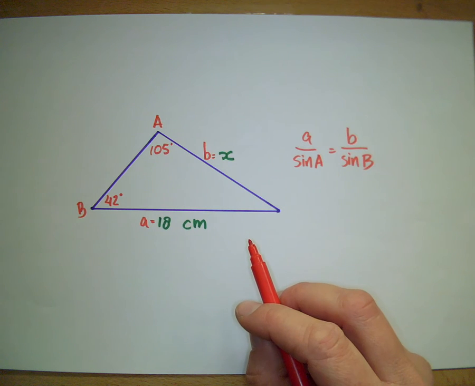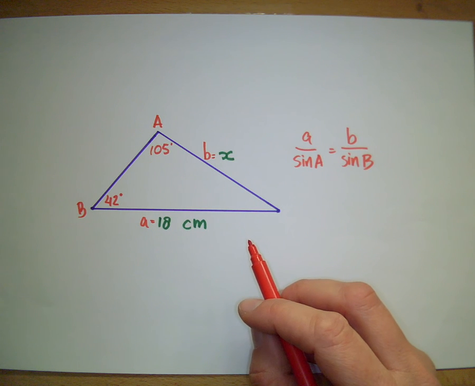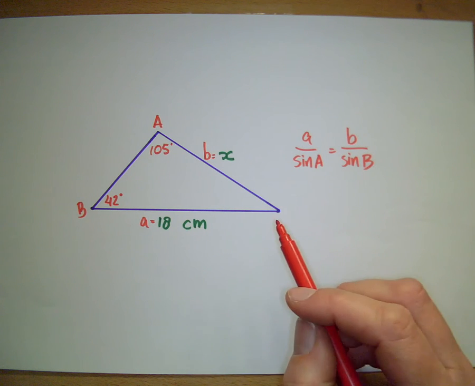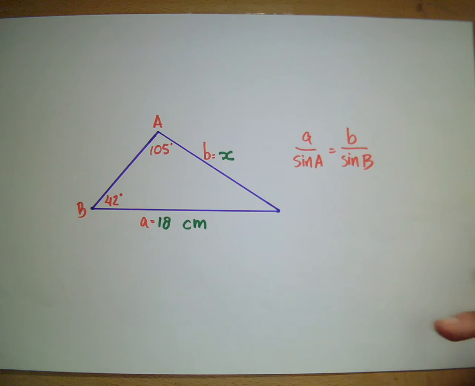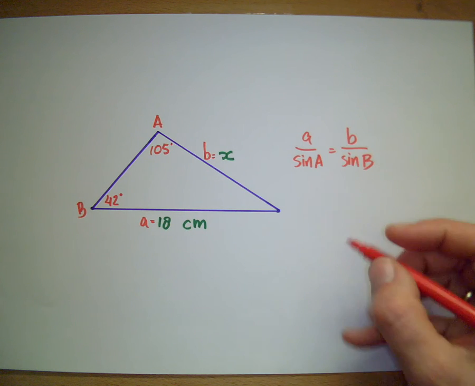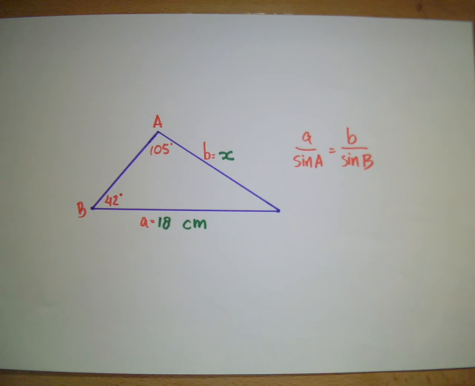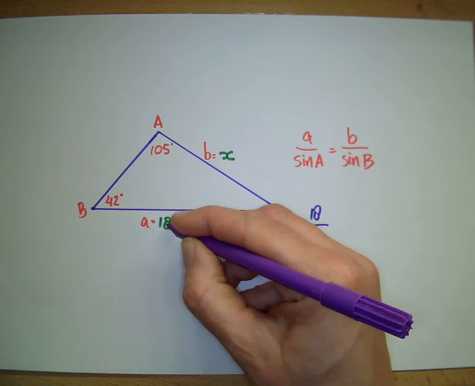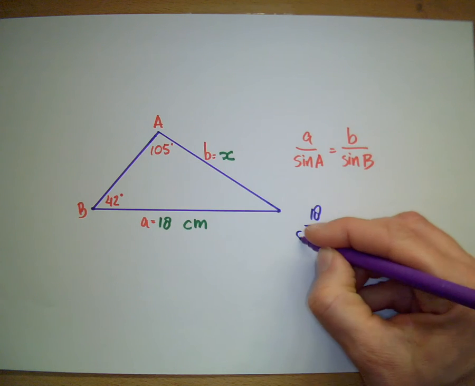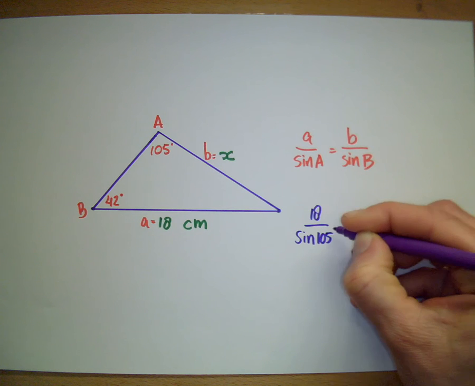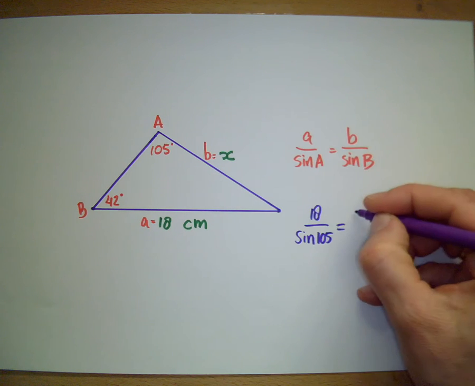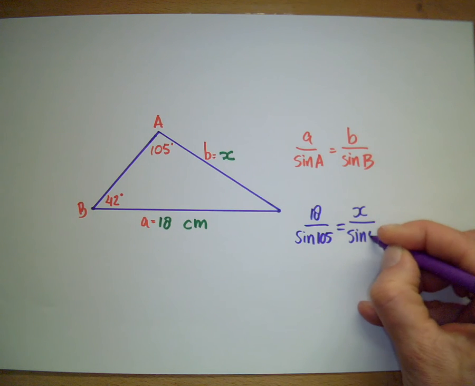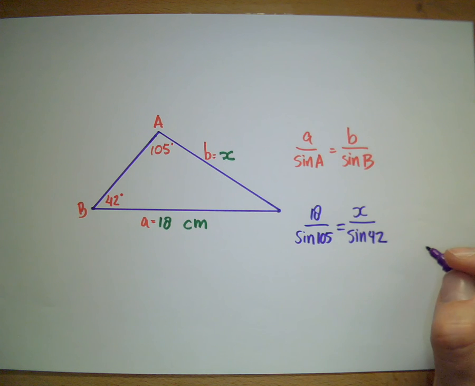So when we plug in the values that we know, side A is 18, so 18 divided by the sine of 105 is equal to side B, which we don't know the length of, it's x, divided by the sine of B, so the sine of 42.